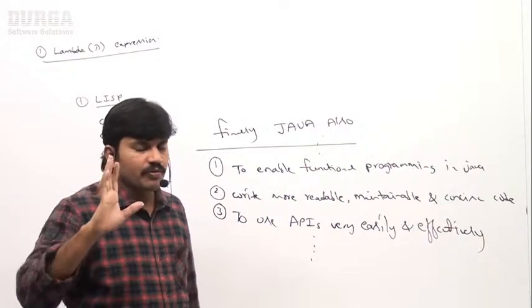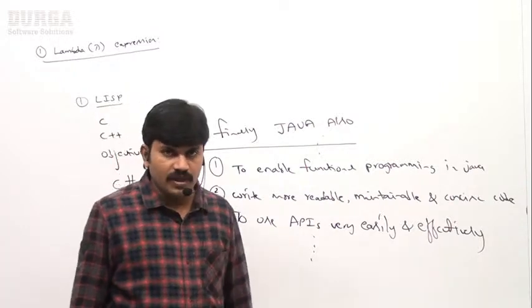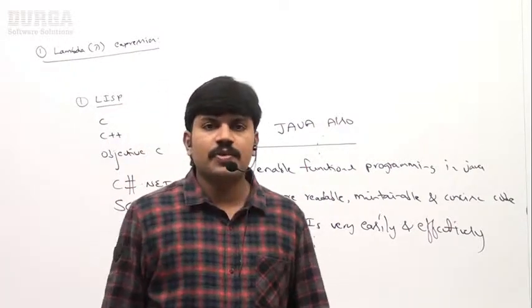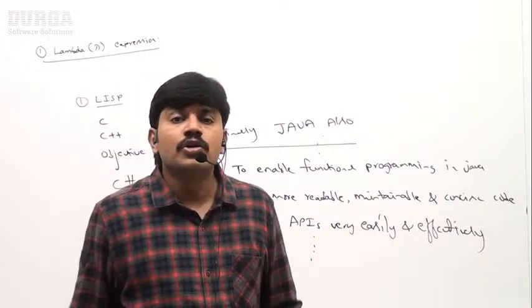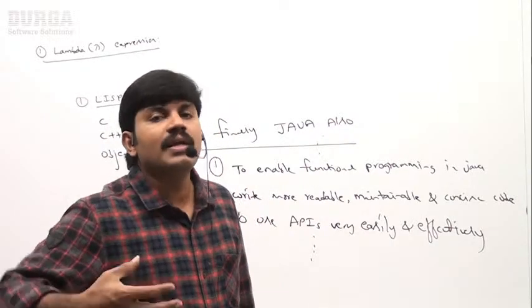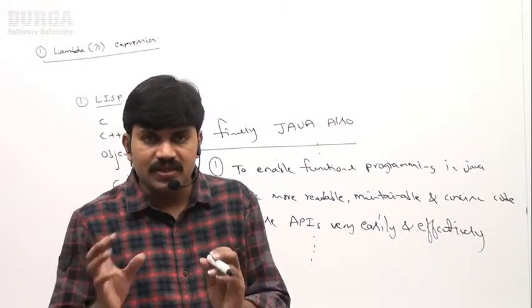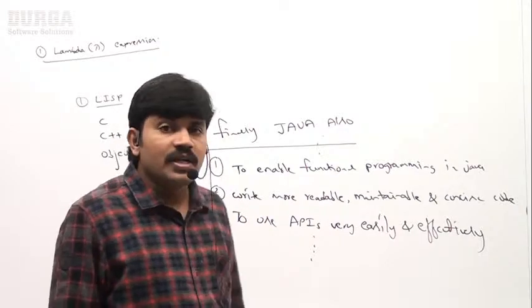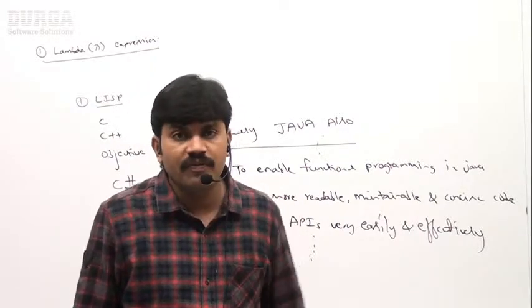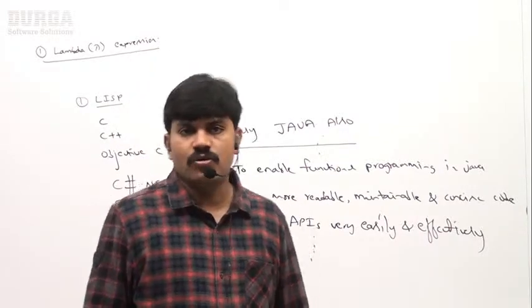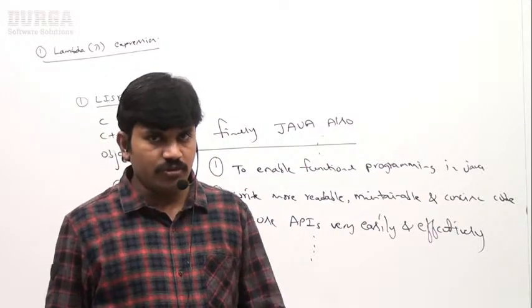Just keep one point in your mind: what is the need of lambda expressions? Lambda expressions enable functional programming, and help write very readable, maintainable and concise code. They are also helpful to use APIs very effectively.